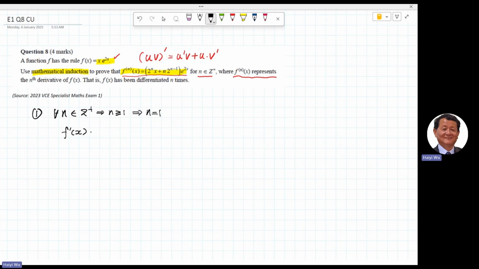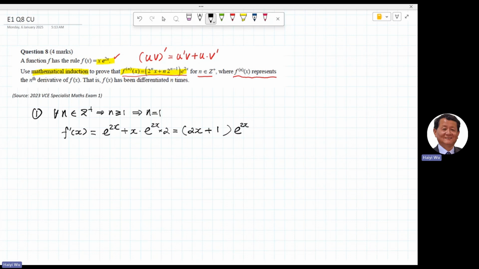So we do the first derivative. We know that the first derivative is e to the power of 2x plus x times e to the power of 2x, then times 2. So we make a bracket: 2x in the front plus 1, and e to the power of 2x.